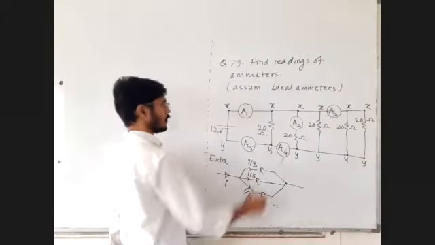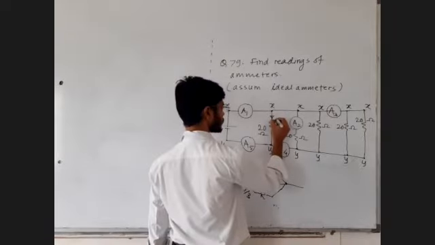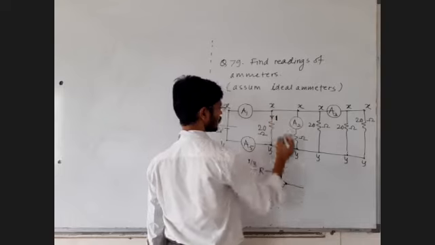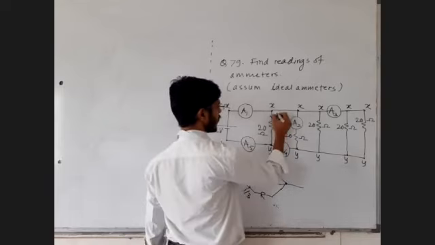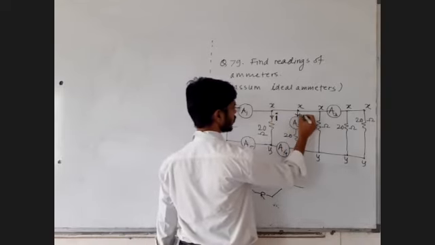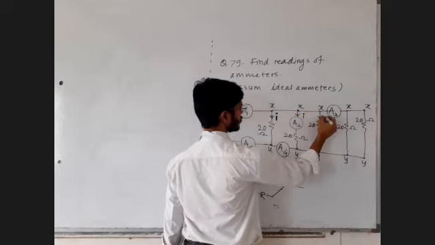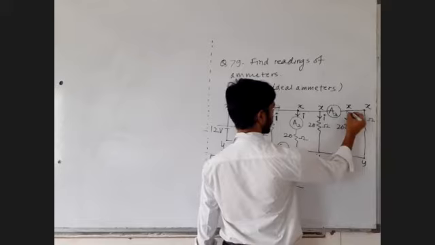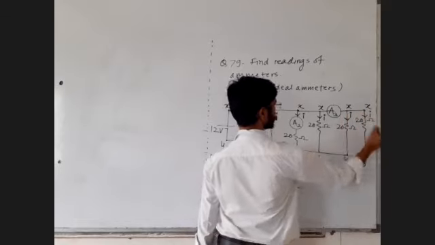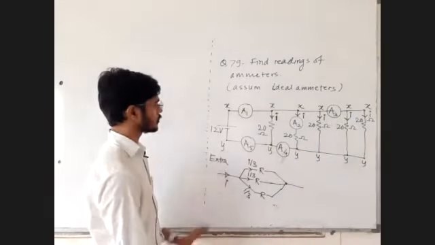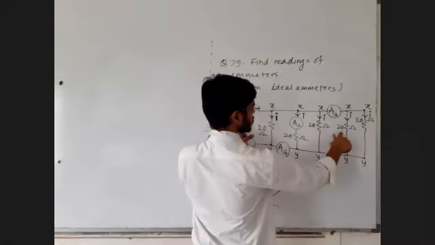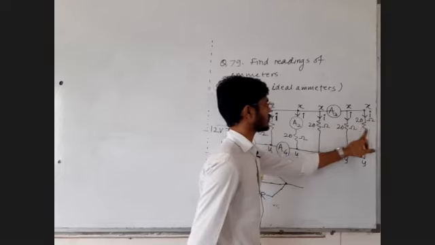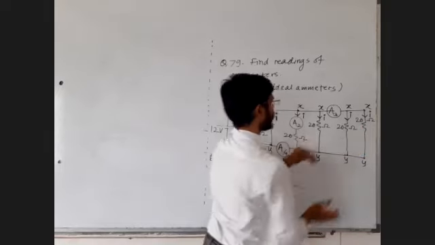Let me call this current I. See, all these resistances are in parallel. Why?